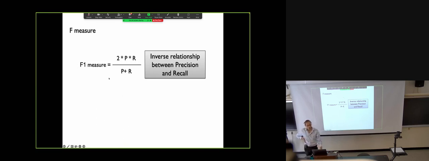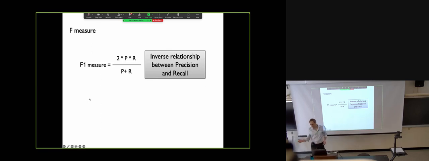The formula is 2pr over p plus r. This is actually the harmonic mean of the precision and recall. If you're familiar with harmonic mean, it's like the arithmetic mean, but a bit different. Essentially, it's a balance between precision and recall. This is how we can use the F measure, for example, to select the best classifier.